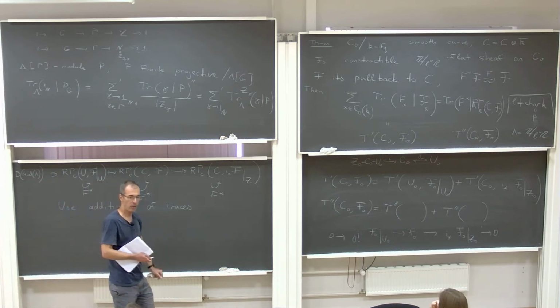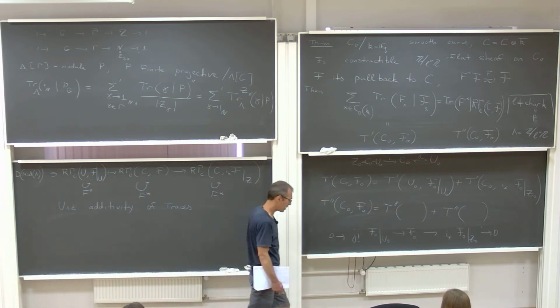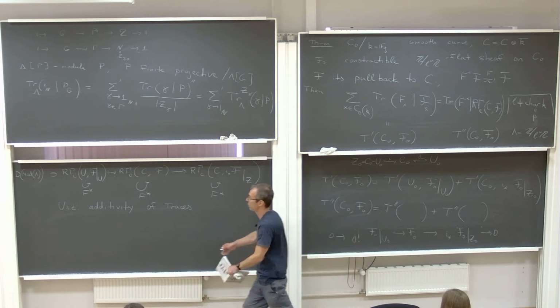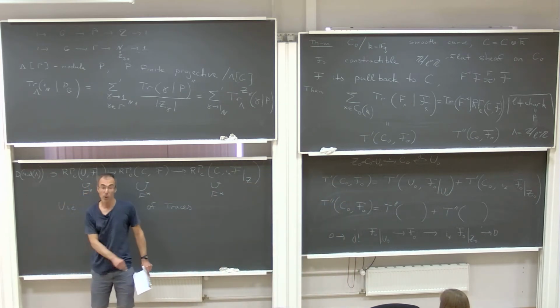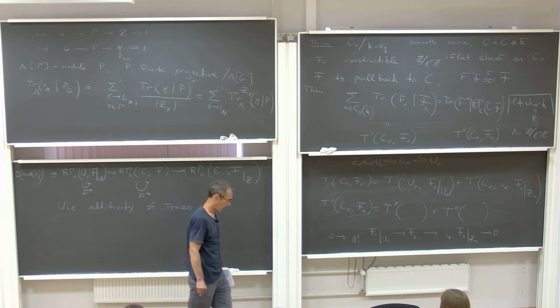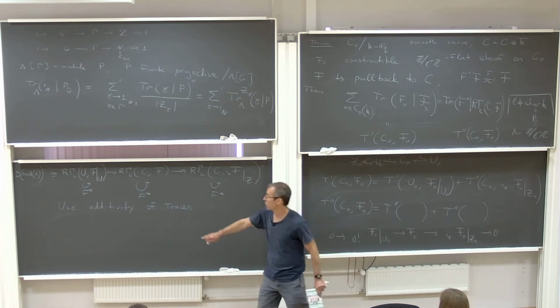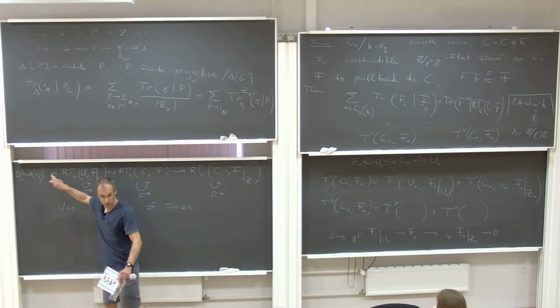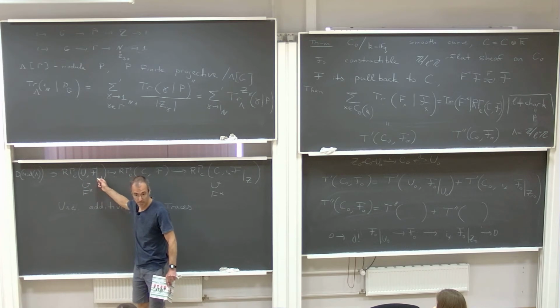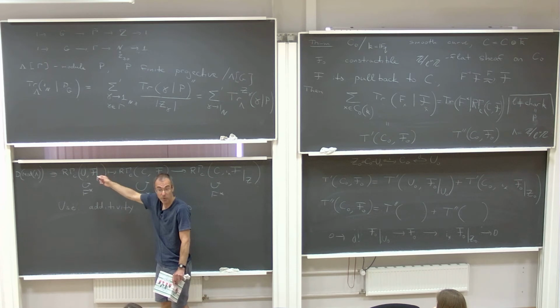So if I give myself a derived category, any derived category, for example this, I can form a new category whose objects are objects here together with an endomorphism. And morphisms in this category are just morphisms between objects that commute with this endomorphism.